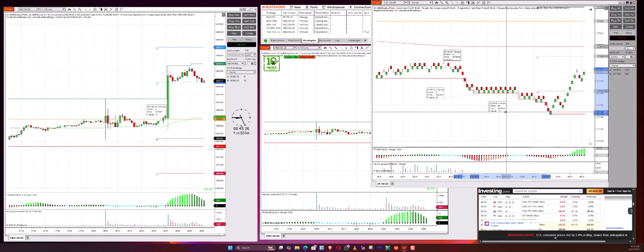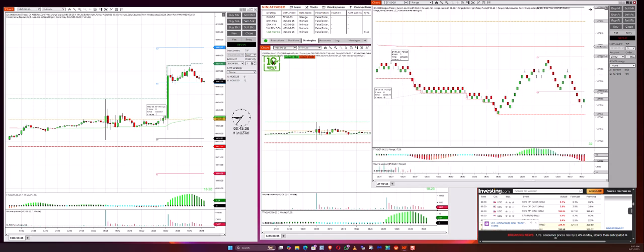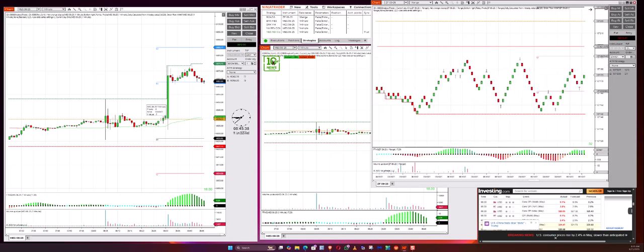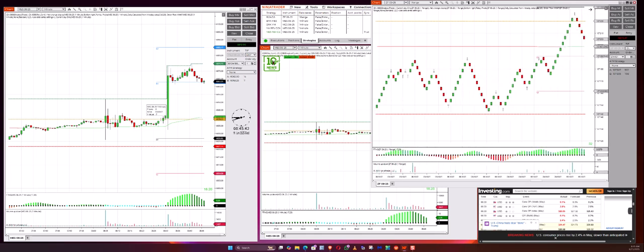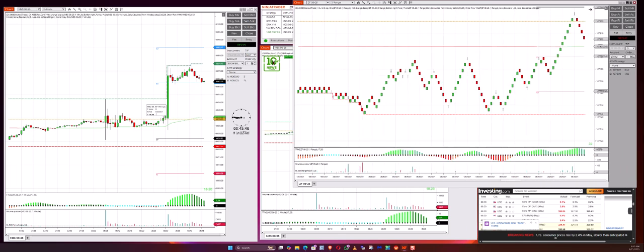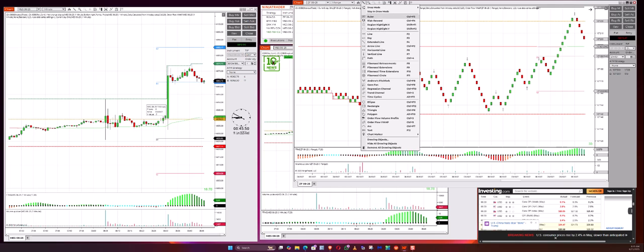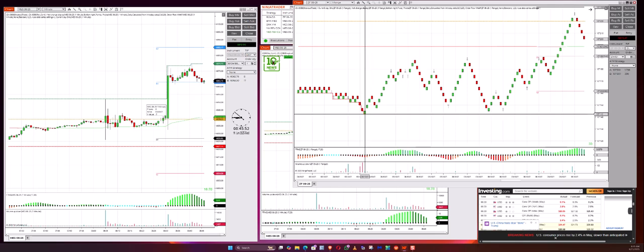Can you use a bracket that big? If you did, you had a 32 tick move.